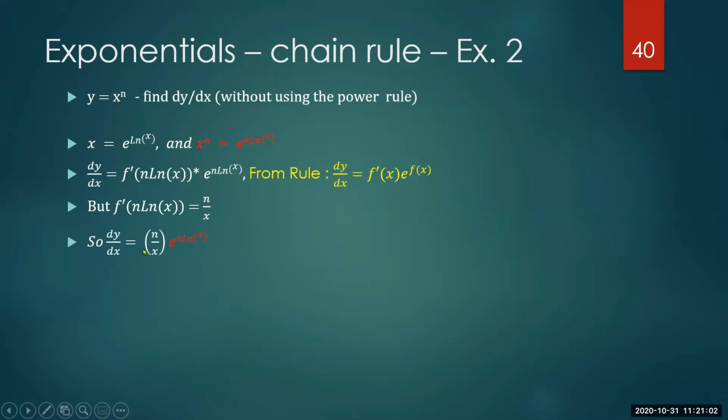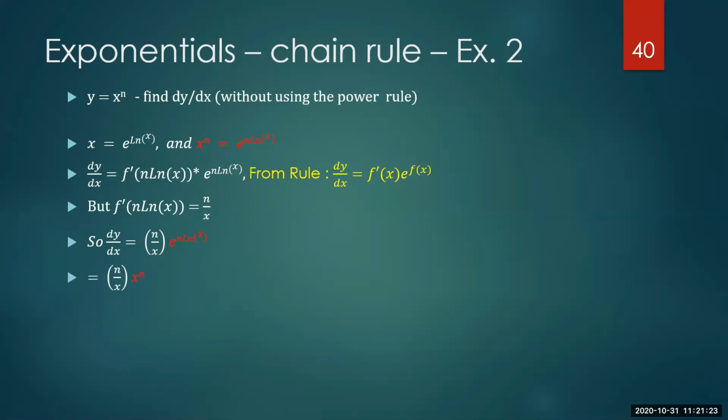So dy/dx is equal to n over x times e to the power of n times the natural log of x. And that is equal to n over x times x to the power of n, because we've already said that x to the power of n is equal to e to the power of n times the natural log of x.